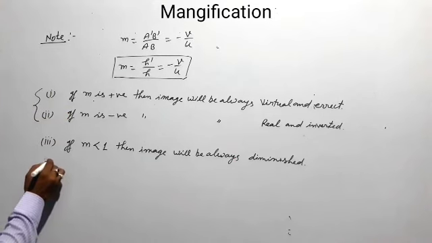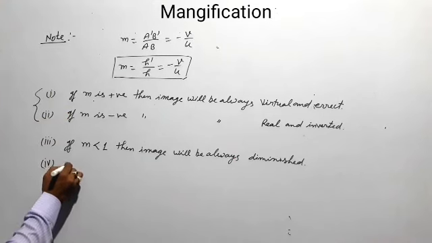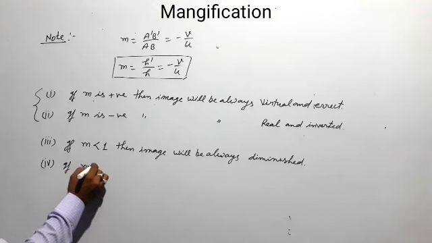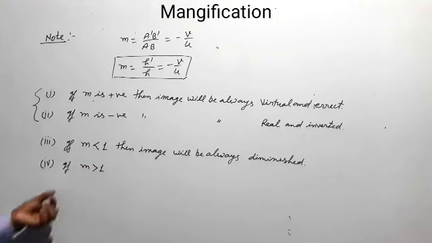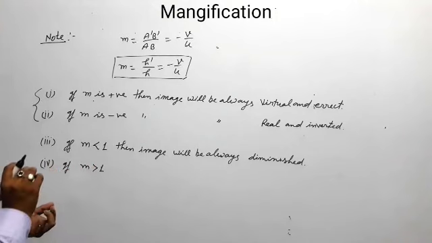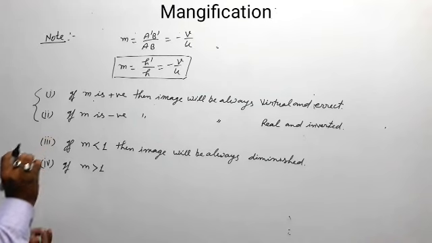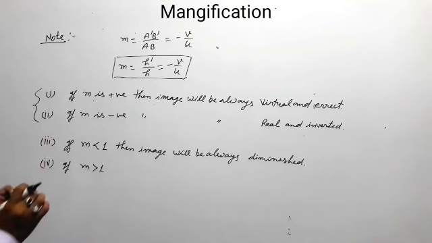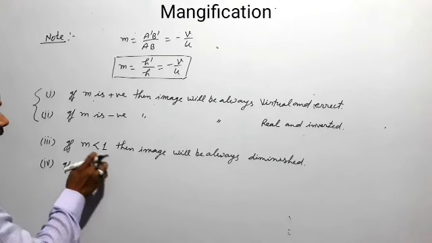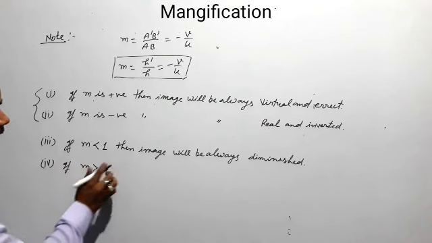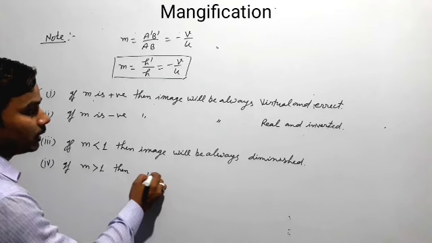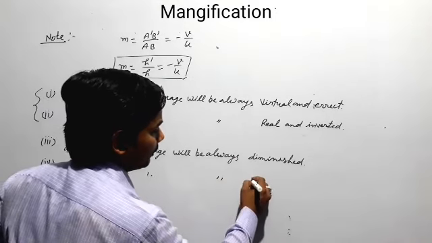Now for the next condition, if magnification is greater than 1, meaning the numerical value, we will not consider positive or negative, we will consider only the numerical value. So if the numerical value of the magnification is greater than 1, then the image will always be magnified.